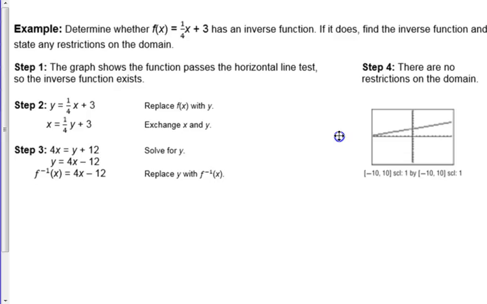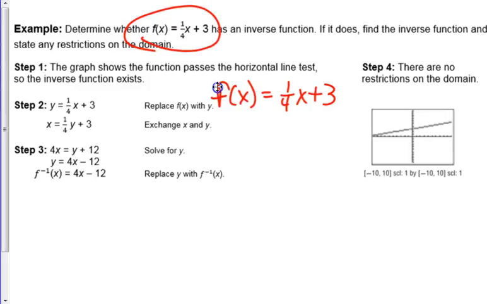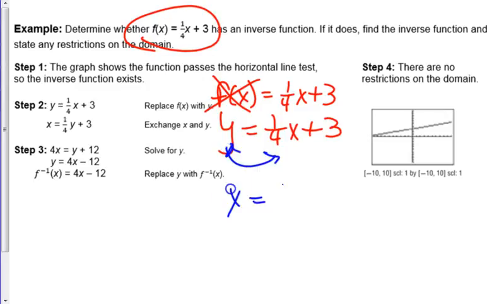All right, here we go. This one's done for you, so just watch my magic here. It said 1/4 x plus 3. I typed it in my calculator, graphed it. It's an oblique or slanted line, so therefore it passes the horizontal line test. Then I trade this out for a y. Then I magically change the x and the y because that's what an inverse does.